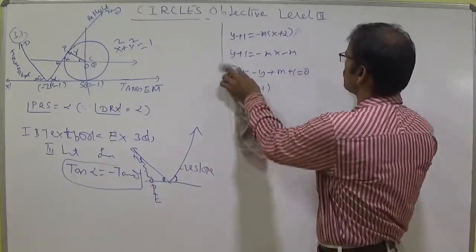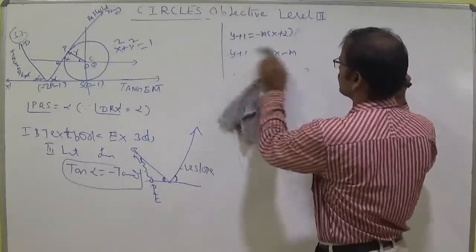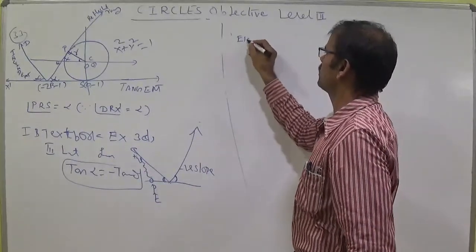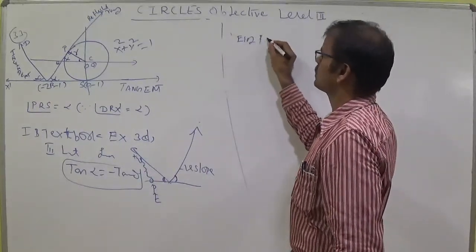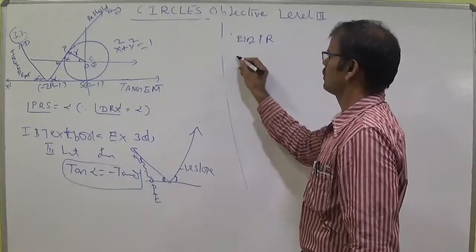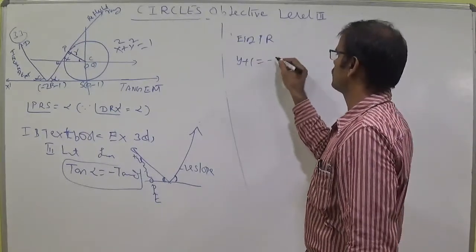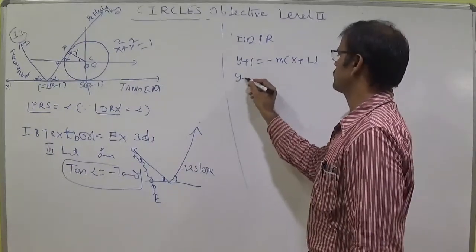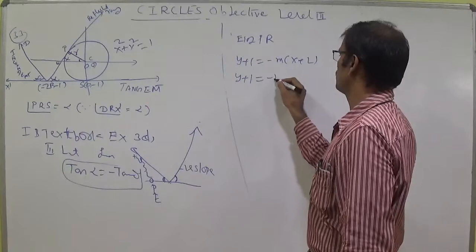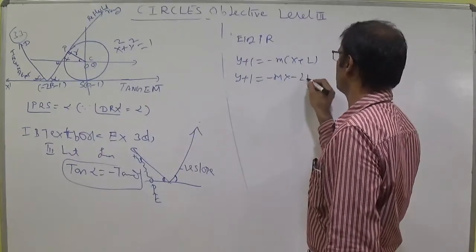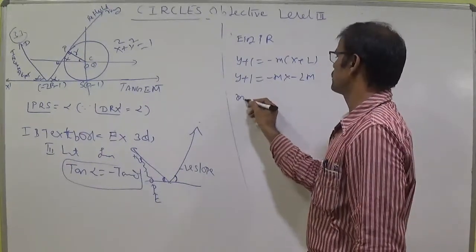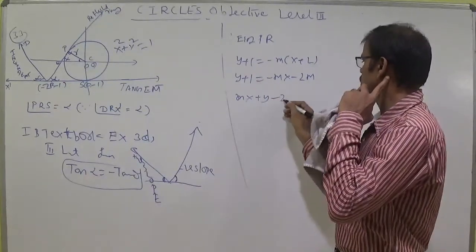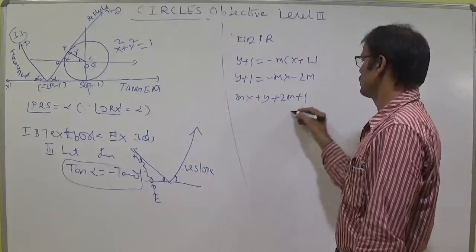I am writing here the equation of the reflected ray. Equation of ray PR: y plus 1 is equal to, taking negative slope, minus m into x plus 2, so y plus 1 is equal to minus mx minus 2m. So we can write mx plus y plus 2m plus 1 equal to 0.